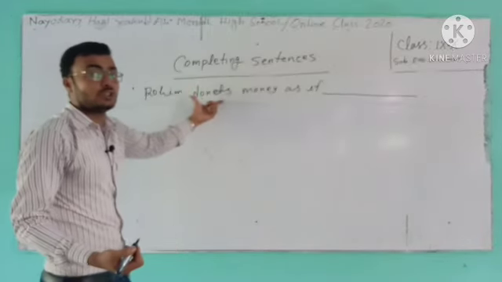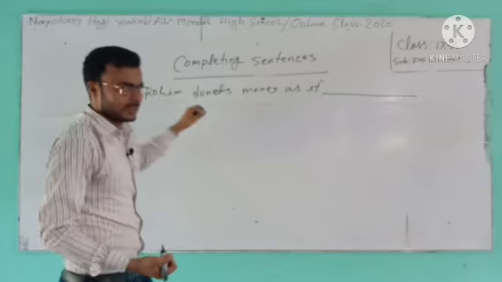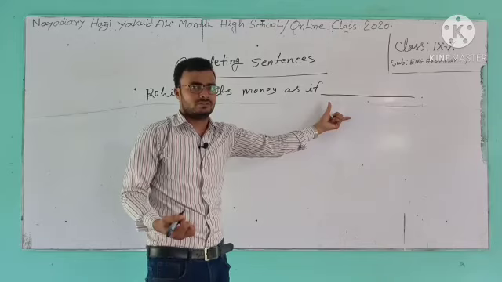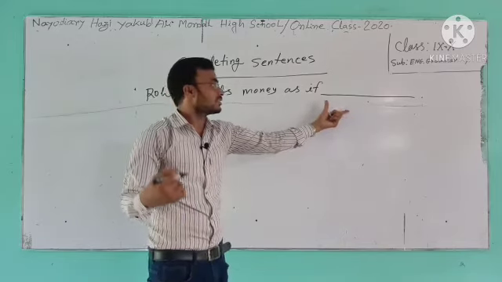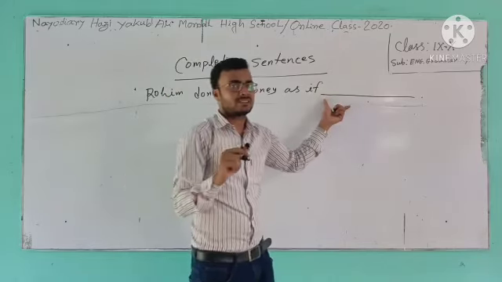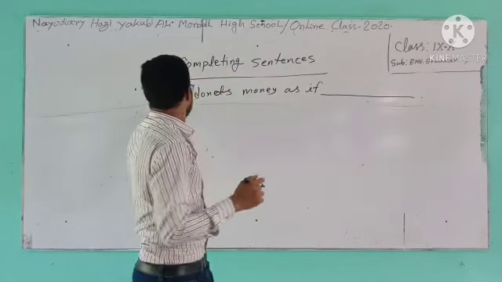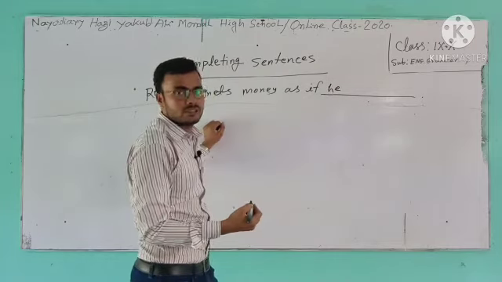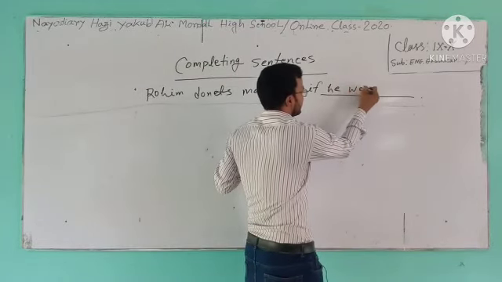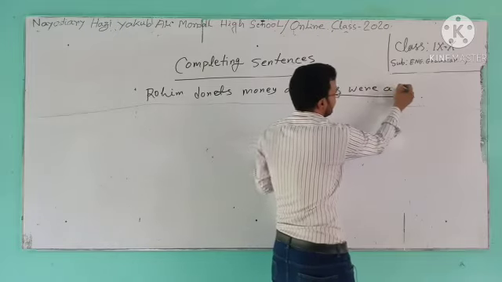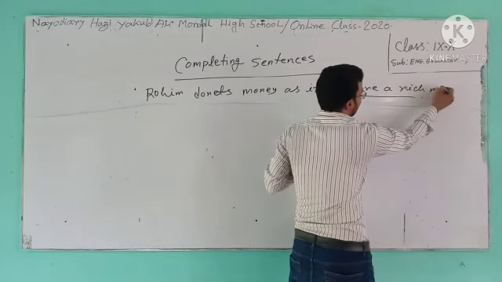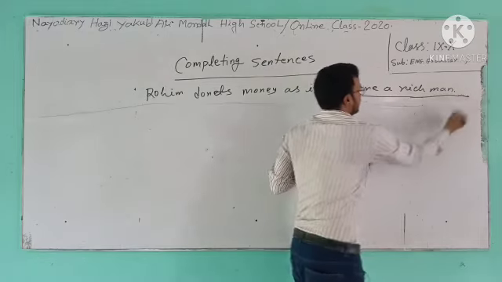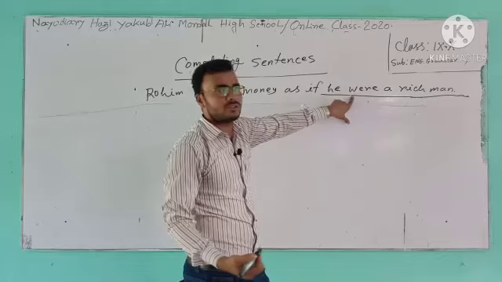Look at the verb donates. So normally you have to use the first form, or the sentence will be in past tense. But after the first subject, you need to use were: he were a rich man. This sort of sentence, these types of sentence, you need to use were.